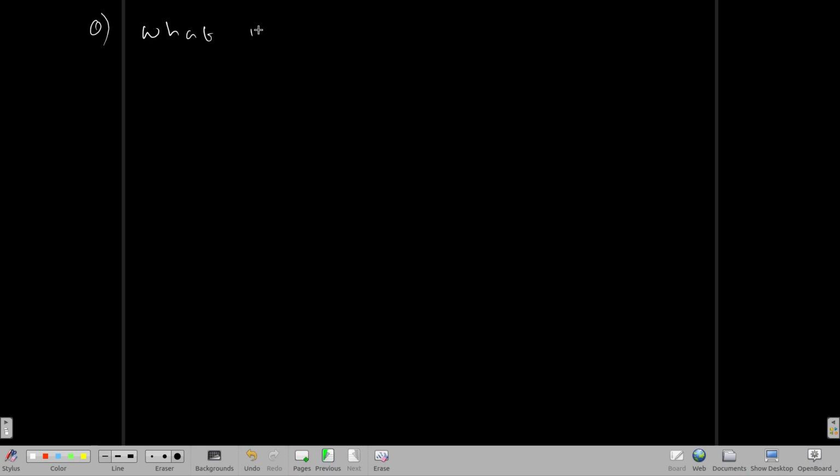What is the energy of this signal? So basically it is just A, and this point is 0.